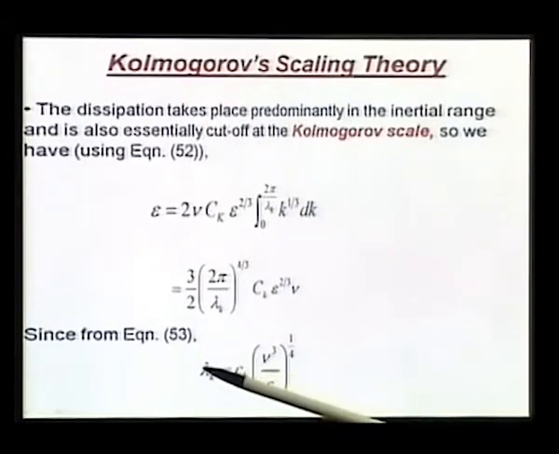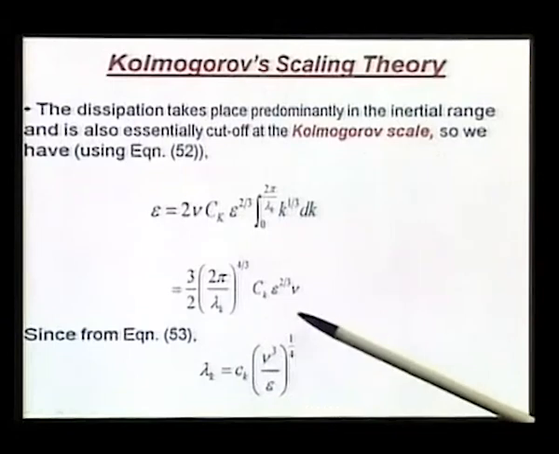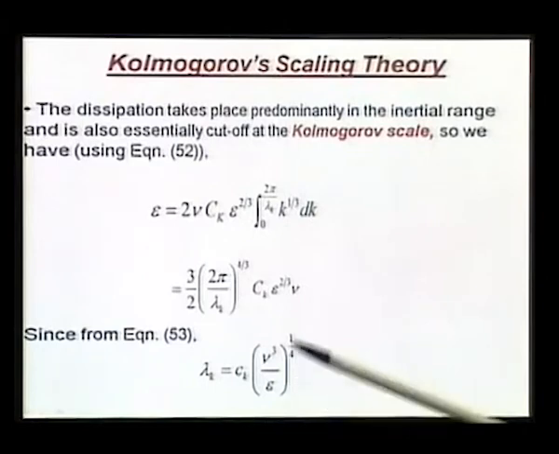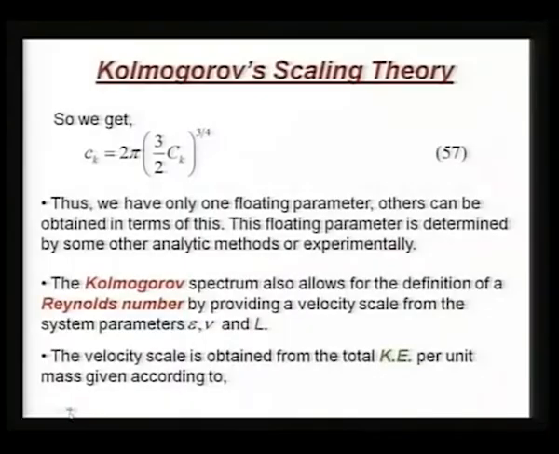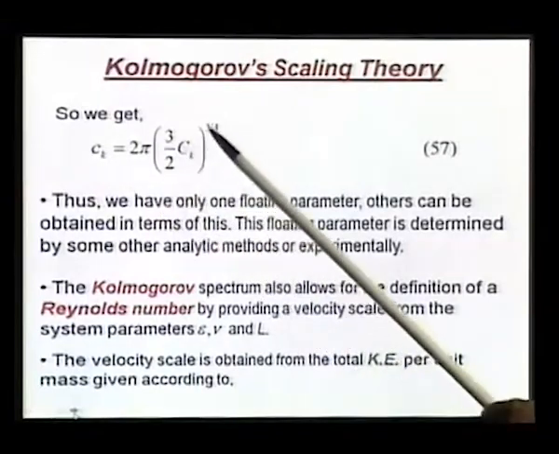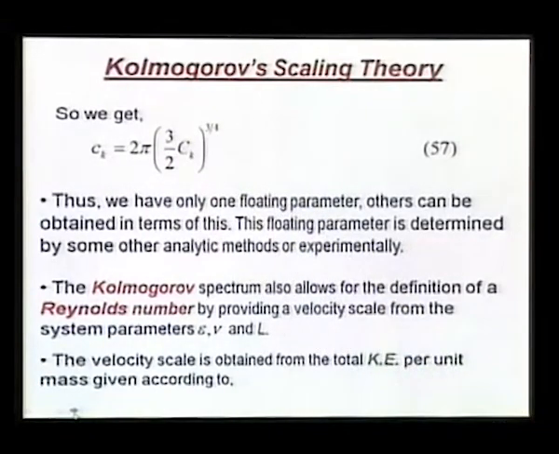Already we have seen that lambda of k goes like this. This is your Kolmogorov length scale that we have obtained from dimensional argument. So, we can plug this last expression in the previous one, and what we get is that this c of k, there are lots of floating constants that we are talking about. So, this c of k, lowercase c of k, is related to capital C of k, like this.